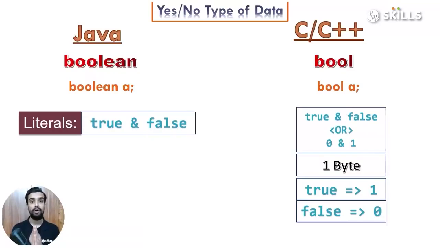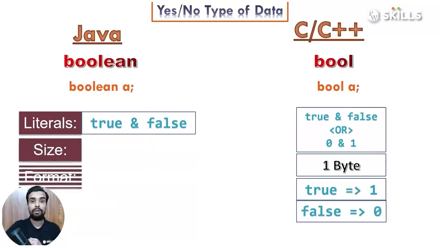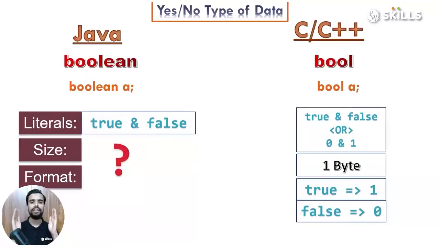We will not be able to assign any kind of integer value within a Java program. Great, sir, but how about the size and the format of the Boolean data type in Java? Please remember this. This is one such piece of information that has nowhere been revealed in the entire documentation. And what is the reason behind that, sir? The size and format of a Boolean variable is dependent on the virtual machine. That means for different operating systems, the size and the format vary.